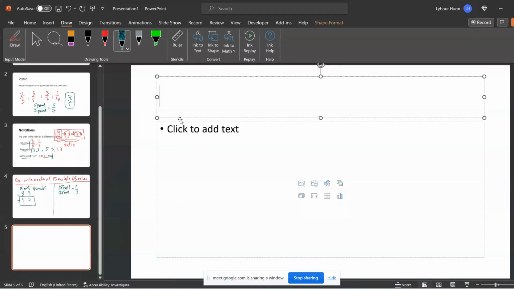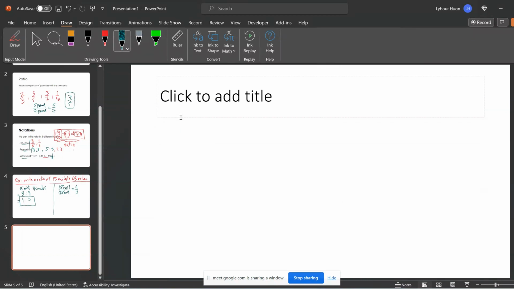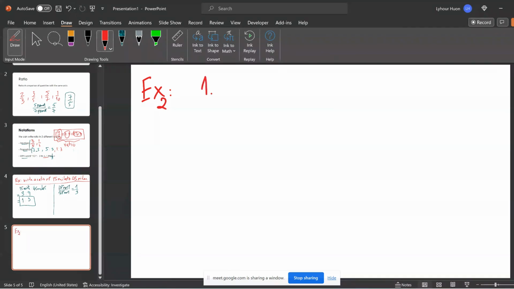Example 2. Write 1.68 to 4.8. How can we write these as a proper ratio?